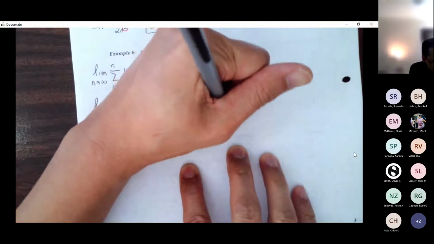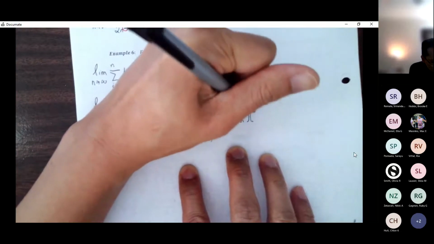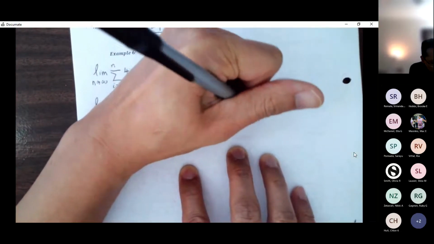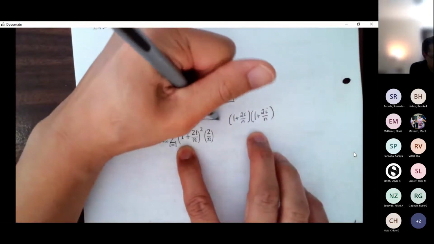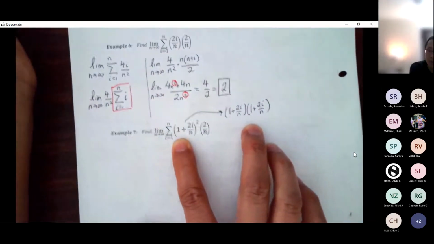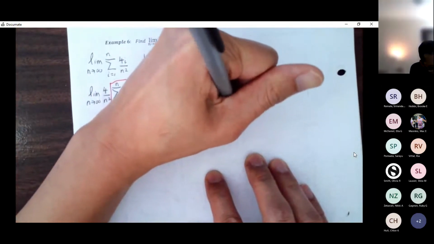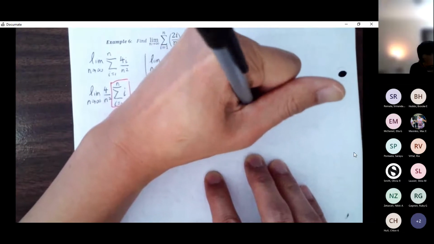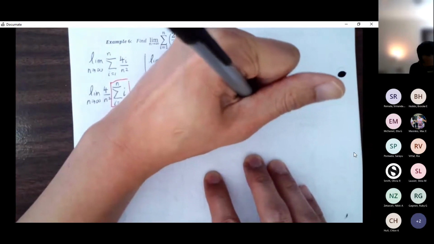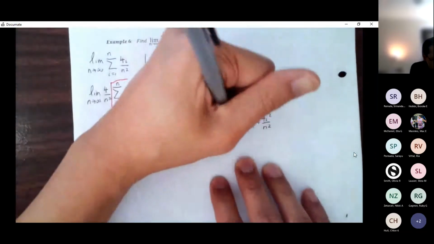So we want to think of this as 1 plus 2i over n times 1 plus 2i over n, right? All right, let's FOIL this out. Combine like terms.